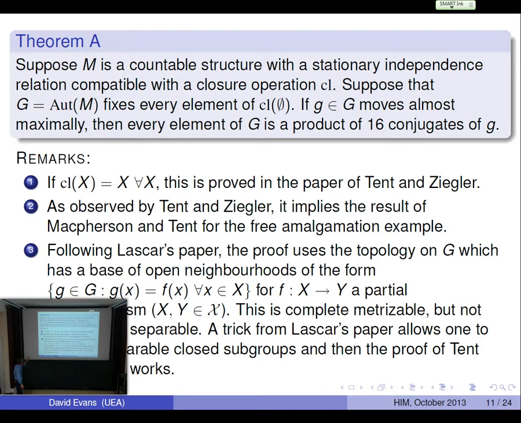But in one of the examples I'm going to give you, and in the examples in general in Lascar's paper, you don't have that condition. Closure of a finite set can be infinite, and so it gives you a different topology. It's not a Polish group topology because it's not separable. It's complete metrizable, but it's not separable. But a trick in Lascar's paper allows you to work in separable closed subgroups. If you put that together with essentially the proof in the Tent–Ziegler paper, then you get this generalization.